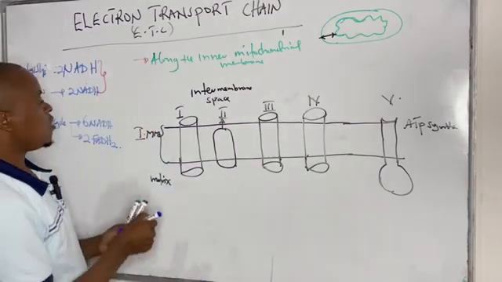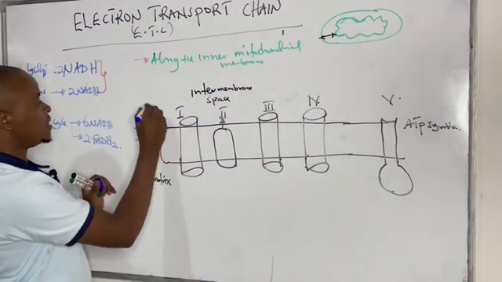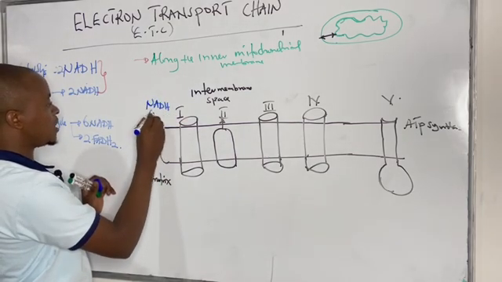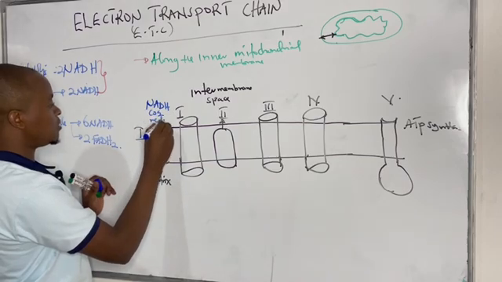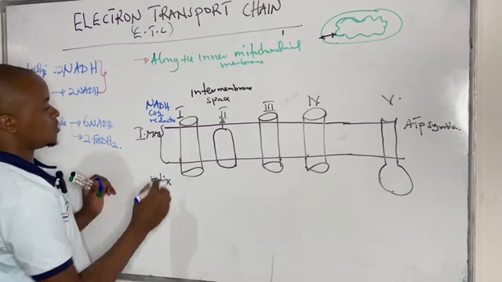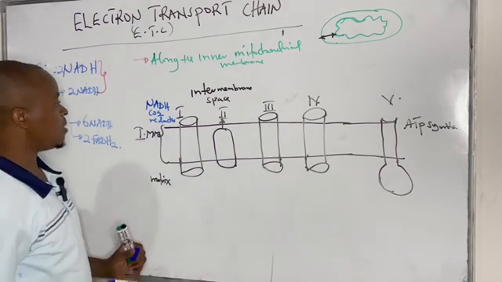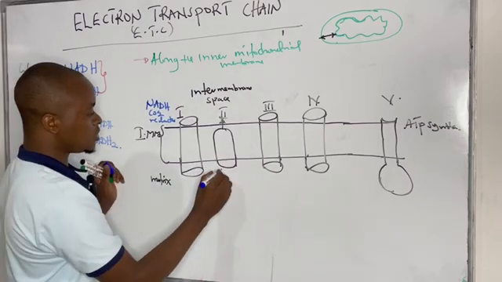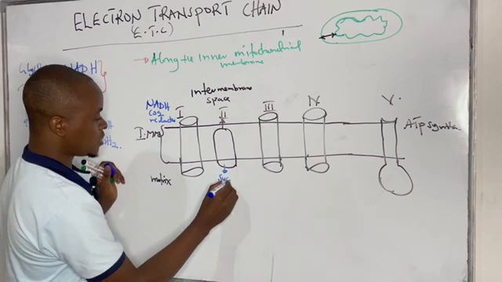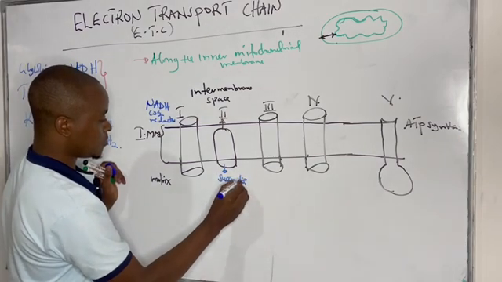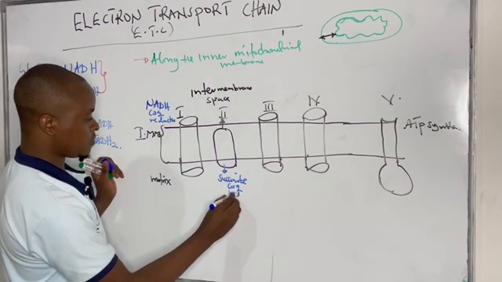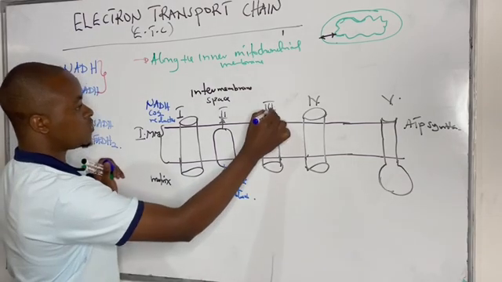Complex 1 is also called NADH coenzyme Q reductase, characterized by NADH dehydrogenase. Complex 2 is also known as succinate coenzyme Q reductase.